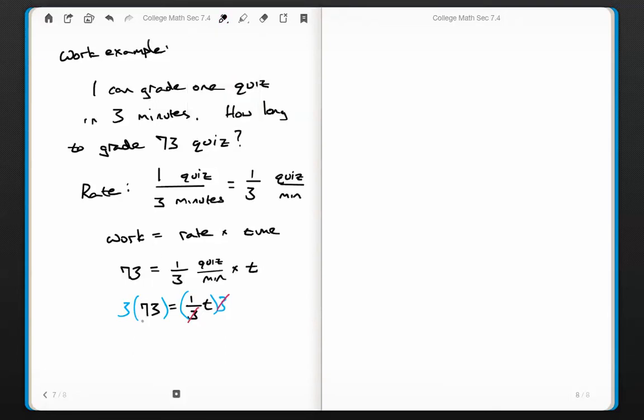So 3 times 73: 3 times 70 must be 210. 3 times 3 is 9, so this is 219 equals t. So the answer to my question is 219 minutes. 219 minutes, that's kind of a strange way to say that, so it's almost 4 hours, right?